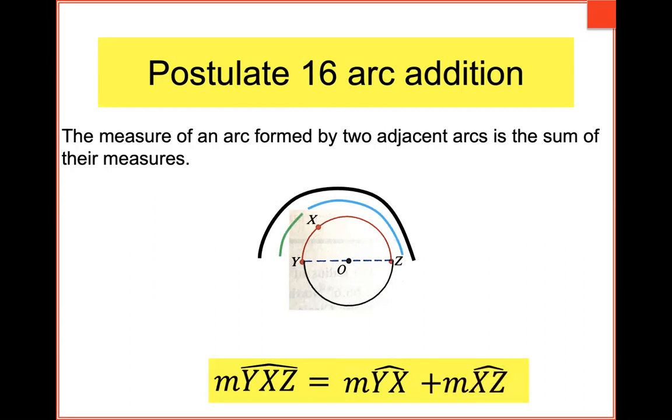Nothing complicated there. It's exactly the same as the segment addition postulate. For homework, they'll give you a little piece of the arc, or information about the arcs, and then ask how much is the larger one.